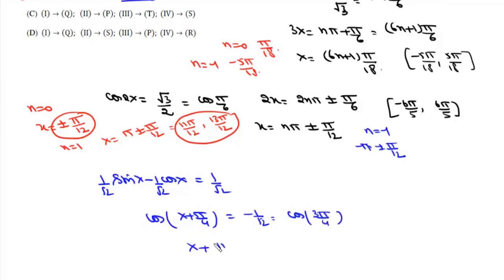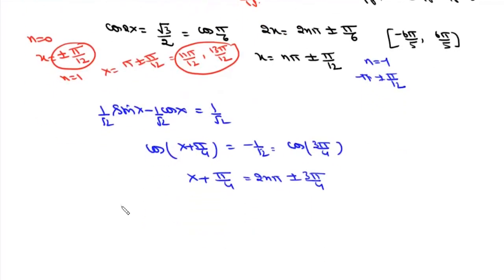So we write x plus pi by 4 equals 2n pi plus minus 3 pi by 4, or we can write x as 2n pi plus pi by 2, or x is (2n plus 1) pi.